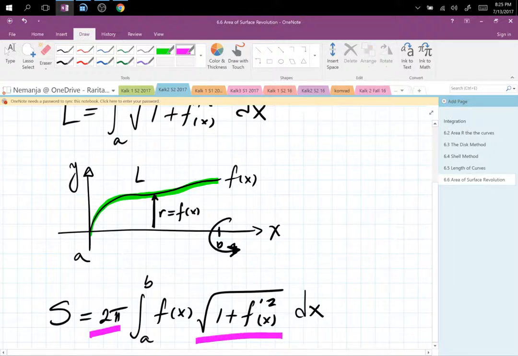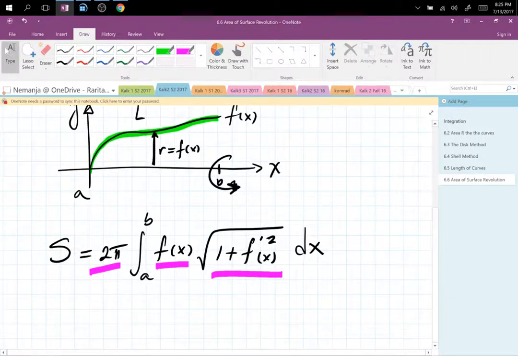Sorry, that's not this one. The radius. So 2 pi r is the circumference, and then times the length of the whole. So here's your 2 pi r, underlined once. That's the circumference of the circle, and then times the square root, which is the length. So you know that the width times length is the area. So the formula clearly makes sense.